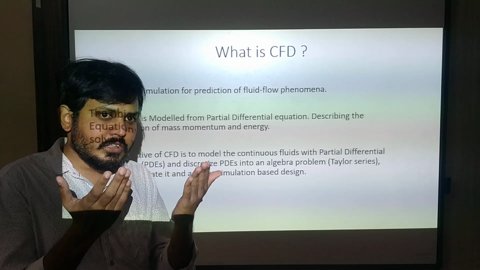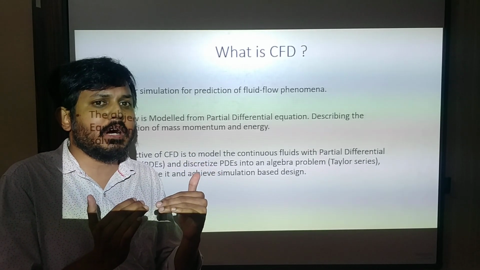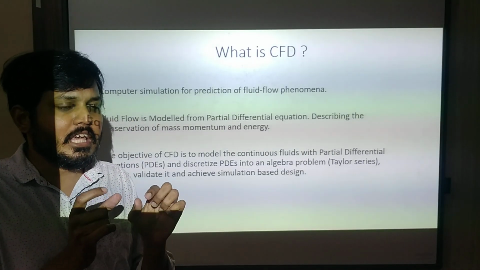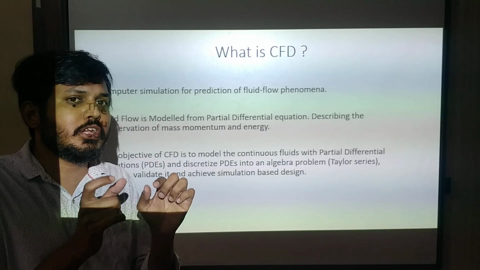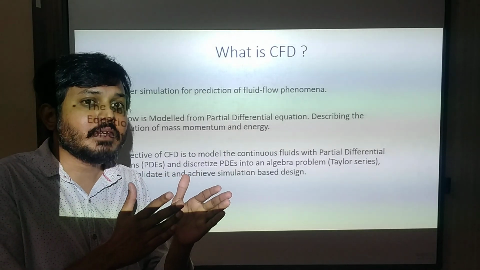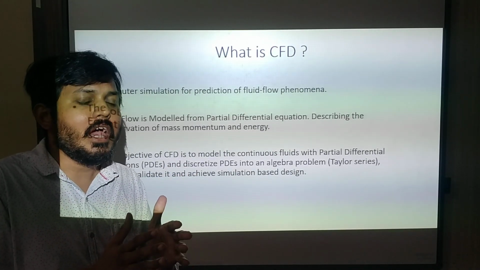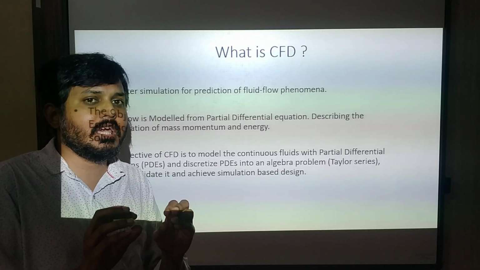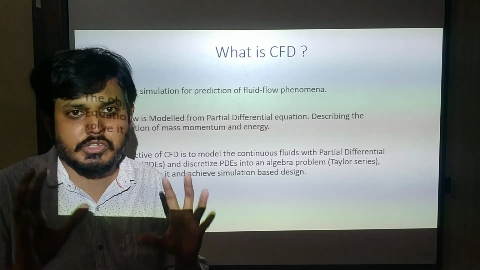And then the ratio of mean free path to characteristic length. Characteristic length means the statistical distance between two molecules. This ratio of mean free path to characteristic length is the Knudsen number, and if the Knudsen number is of the order of 0.01, then we say our fluid flow is in continuum.